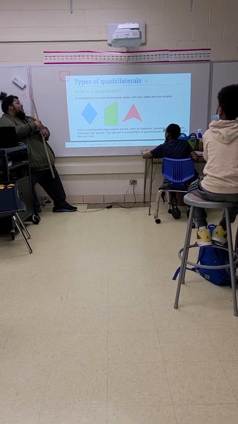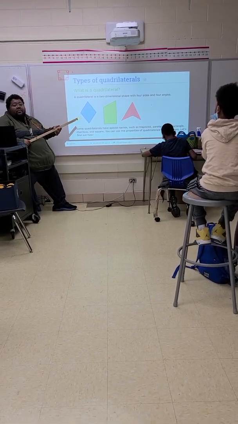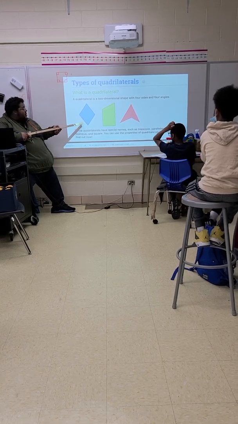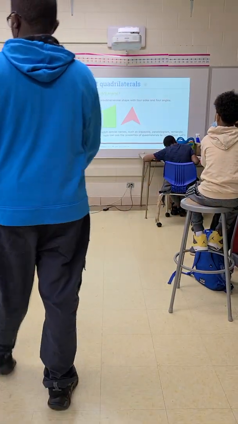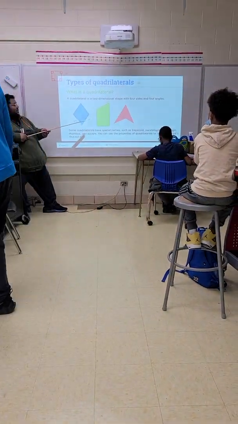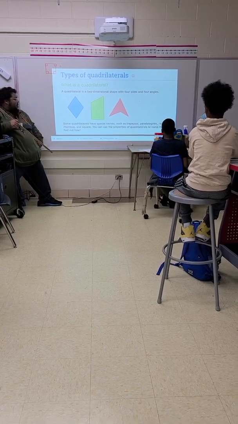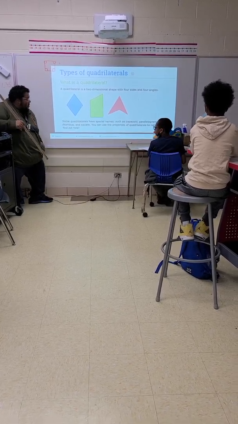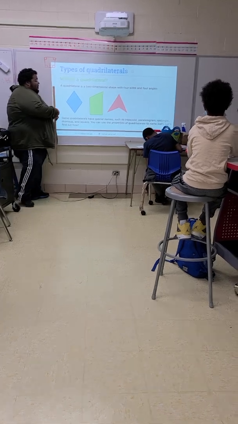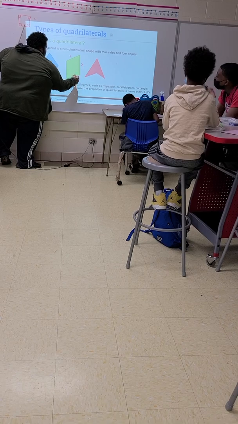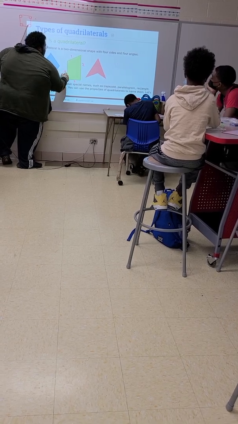Alright, so if you notice, some quadrilaterals are not always going to be squares and rectangles, alright? So we got this little diamond shape here. Or there's a SpongeBob kind of shape, I don't know what it's called, but it has four sides. So we got one side, two sides, three sides, four sides, and then four angles.